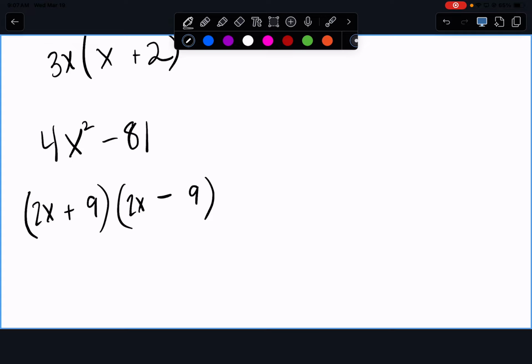Now, another method we've looked at is when we have 4 terms. I'm trying to think of a 4-term example off the top of my head, and that's a problem.